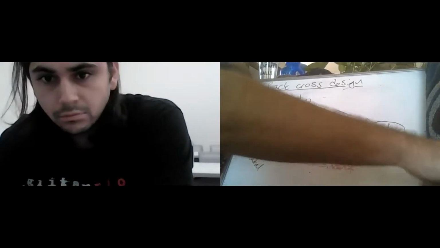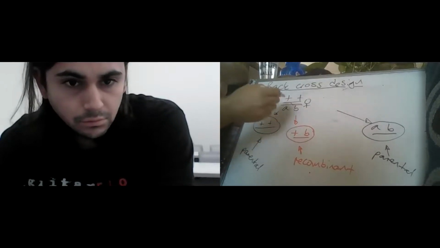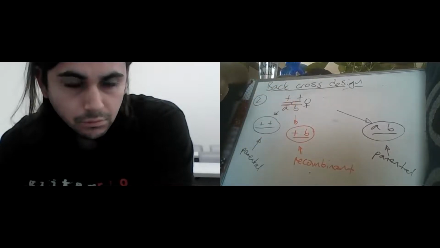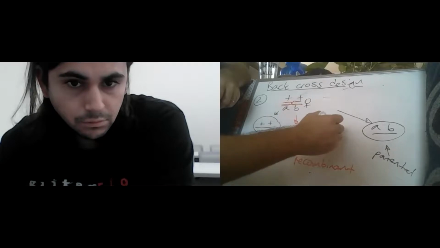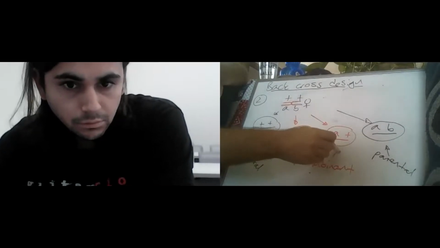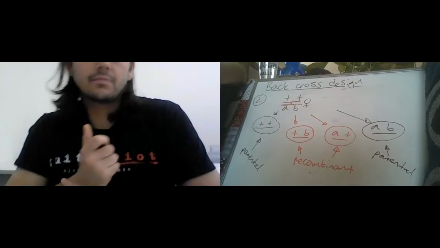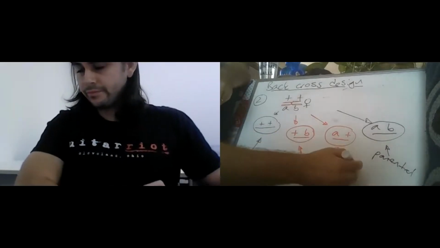You have to have the opposite, because if it goes one way, it's got to go the other way. So if you have plus B, you have to have A plus. These are our recombinants.